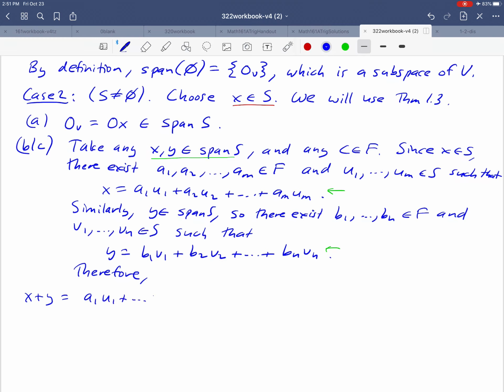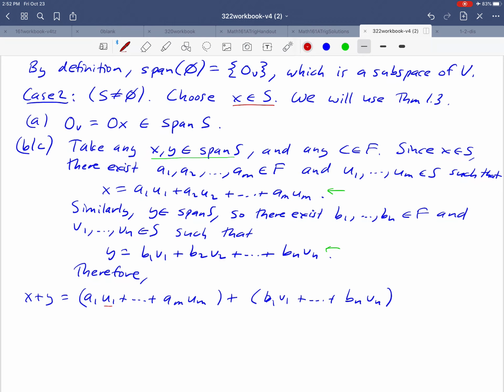So a1 u1 plus up to am um, there's our x, plus b1 v1 all the way up to bn vn. And now take a look at the expression on the right-hand side, and ask yourself kind of what are we looking at?